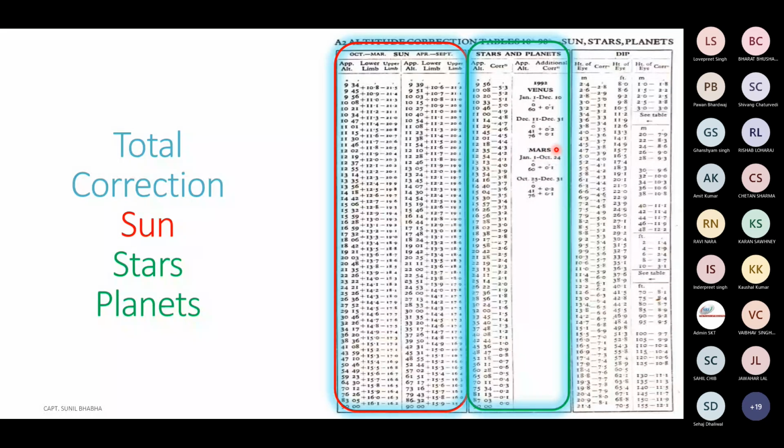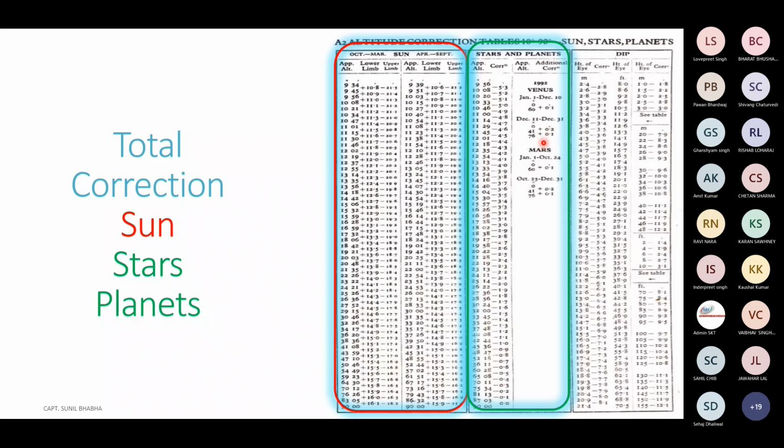Now, how is this correction applied? You can see for every planet, say for Venus, they will give you a range of dates. In the first part, they have given January 1 to December 10. The apparent altitude between 0 to 60, the correction is plus 0.1 minutes. Then in the second part, they say December 11 to December 31. From 0 to 41 degree apparent altitude, the correction is plus 0.2.